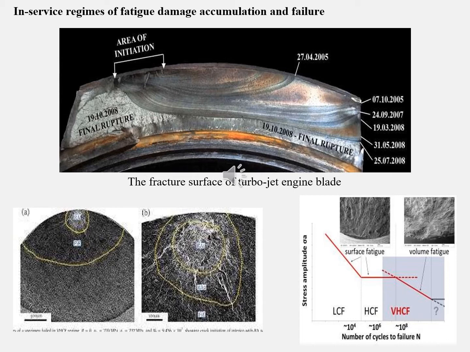For example, in this picture, we see the crack initiation due to high frequency vibration, and afterwards, due to a change in the rigidity of the element, the crack propagates under high cycle fatigue conditions here. It means that in order to predict such fatigue behavior, we need to develop a model with progressive damage accumulation.